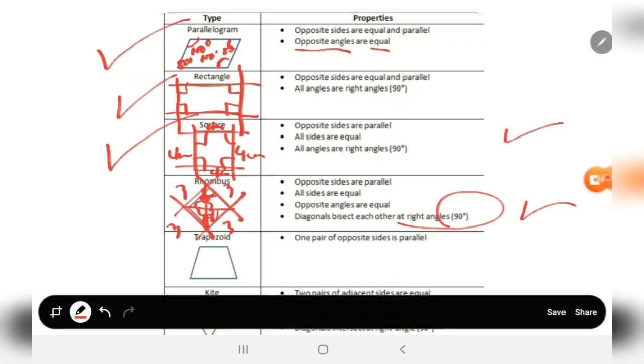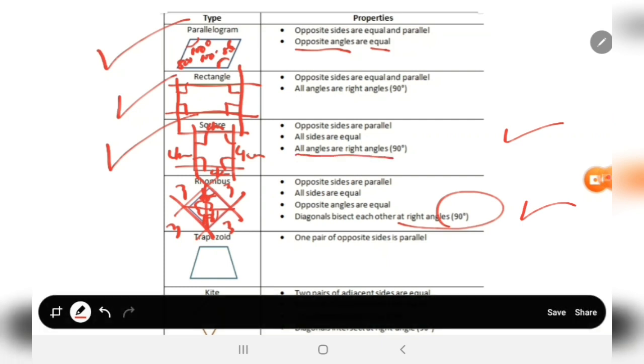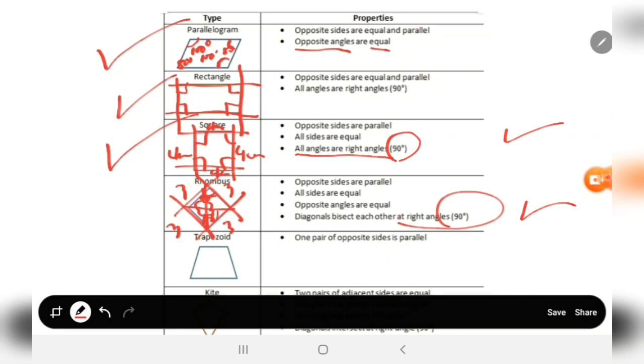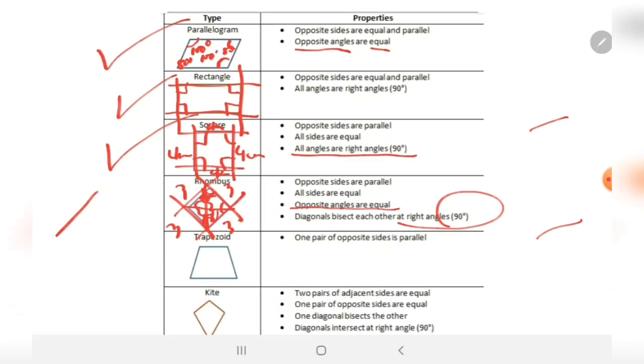But what is the difference between square and rhombus? In square, all angles are right angles. That means the measure of all angles is 90 degree. And in rhombus, it states that the opposite angles are equal.